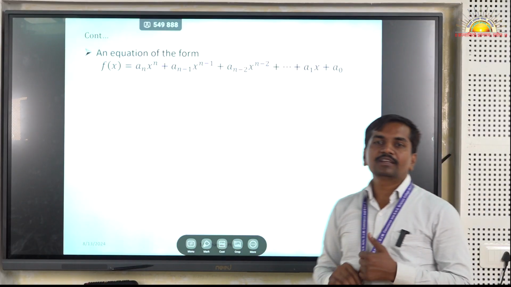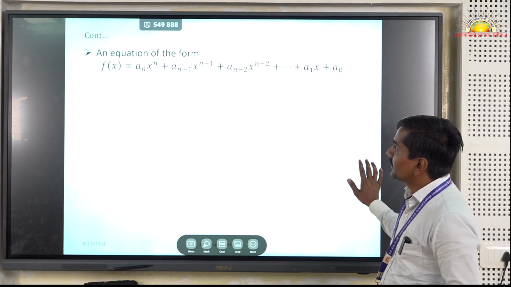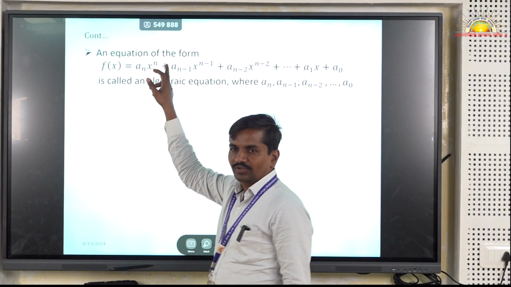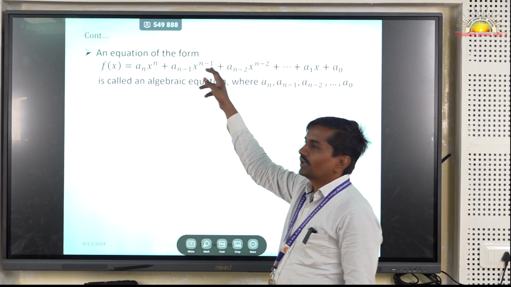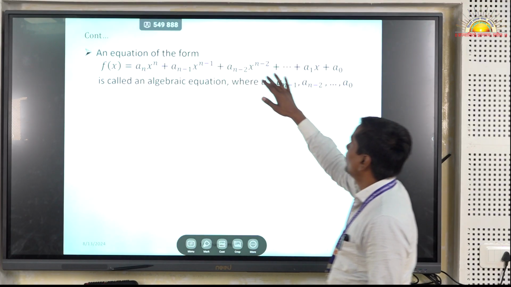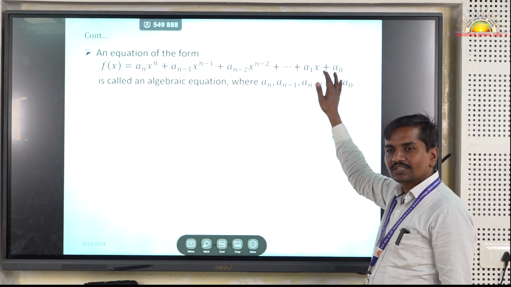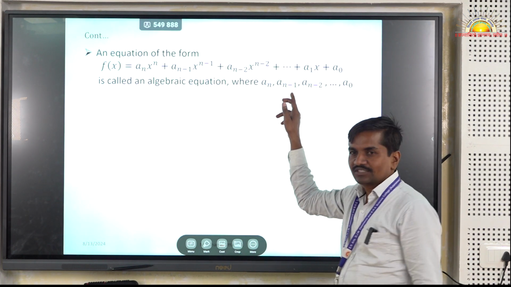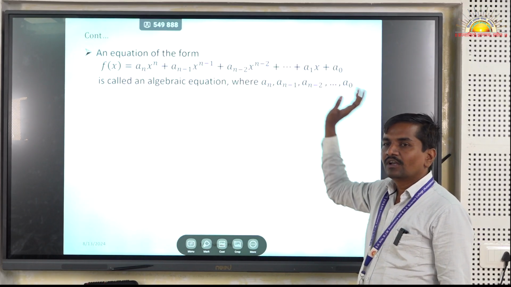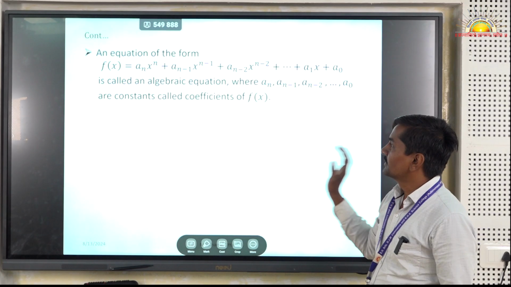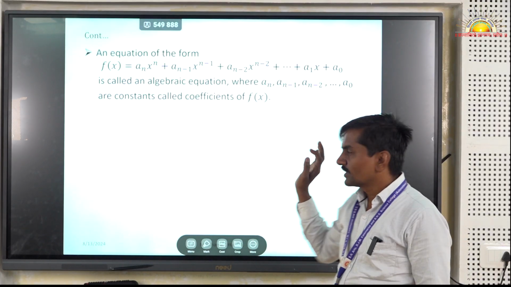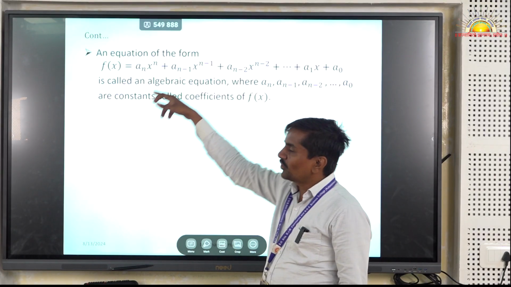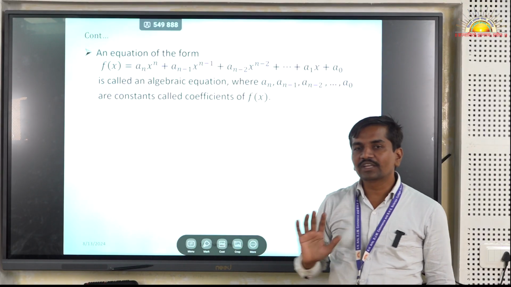Now what do you mean by an algebraic equation? Any equation of the form a n x raised to n plus a n minus 1 x raised to n minus 1 and so on up to a1 x plus a naught, in which a n up to a naught are constants called the coefficients of the equation f of x, is called an algebraic equation.